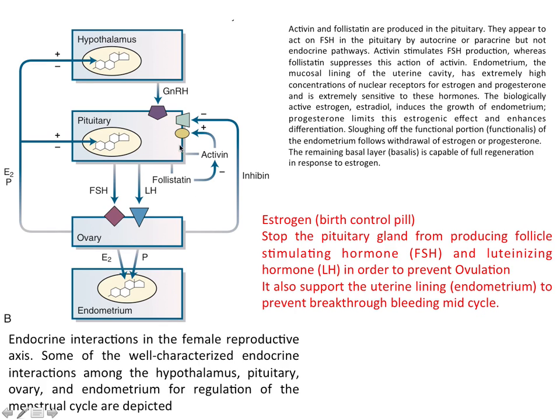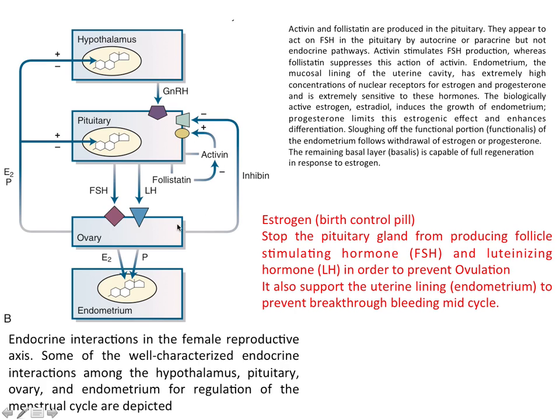On the other hand, the pituitary also secretes two important hormones, follistatin and activin. Follistatin decreases FSH secretion. However, activin induces increased FSH secretion in an autocrine or paracrine manner. Here you can see this is the autocrine manner.